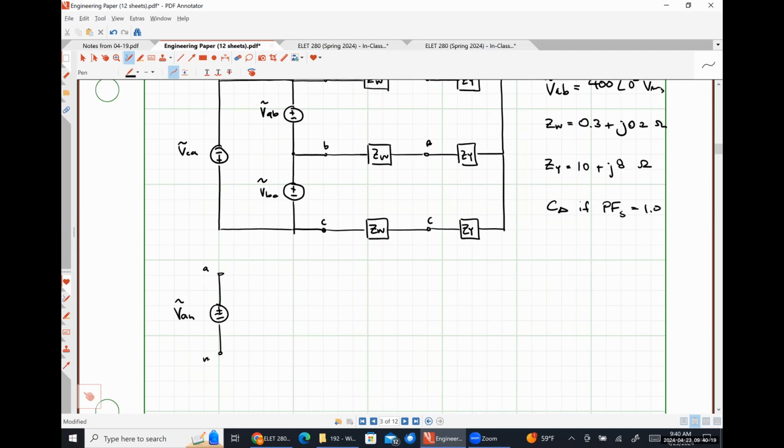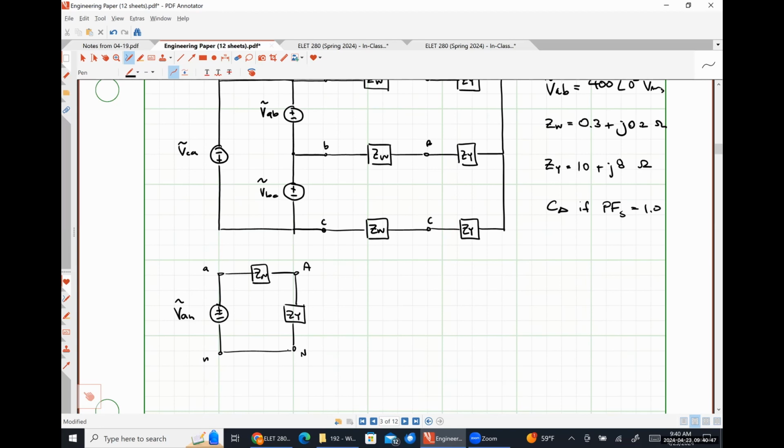Here's A, here's N. Here's ZW. Here's uppercase A. Here's ZY. And here's uppercase N. So that's my single phase equivalent circuit.